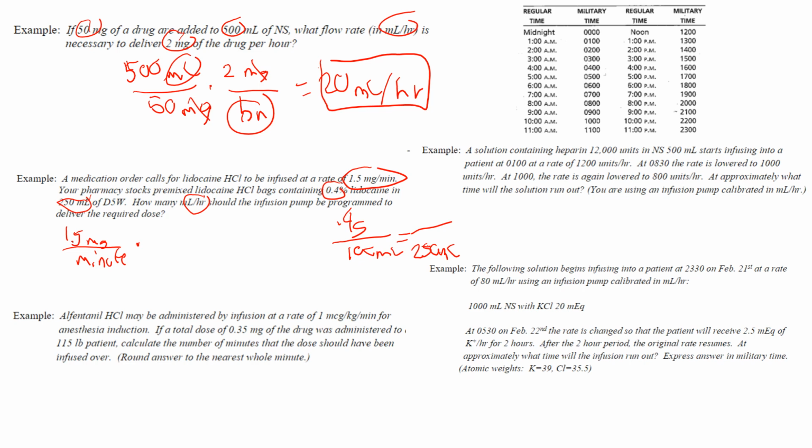So this would be x over here. So 0.4 times 250 divided by 100. We get that there's going to be like 1 gram in each of these bags. So we can set this up as 1 gram per 250 mils, I'm sorry, because that'll still be our 0.4% solution.